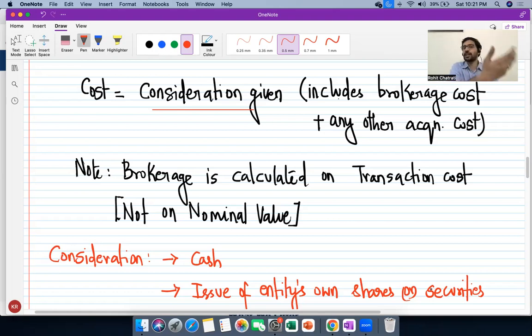I'm going to presume that the investment I have acquired is equal to the consideration I've given, which is the fair value or market value of the equity shares or debt instruments that I have issued.